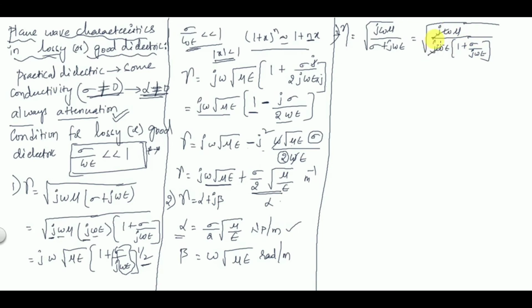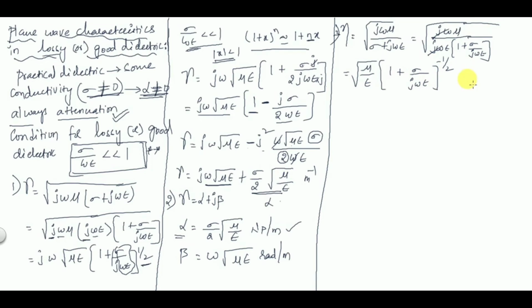J omega gets cancelled off, so it will be root of mu by epsilon into 1 plus sigma by j omega epsilon, whole to the power of minus 1 by 2. Since the root is in the denominator, taking it upward makes it minus 1 by 2.